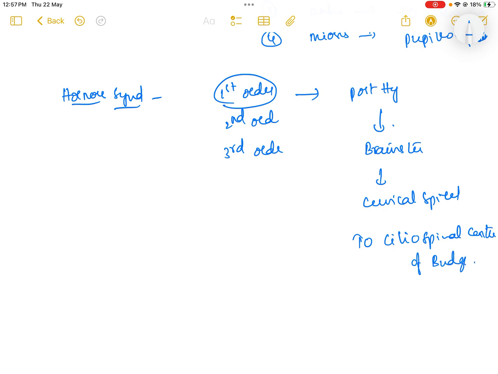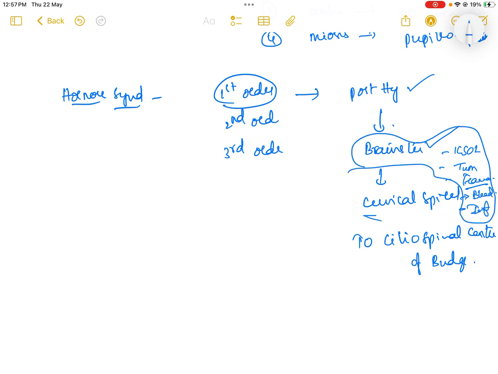So lesion anywhere in the posterior hypothalamus or brainstem, like intracranial space occupying lesions, or any tumors, trauma causing dissections, or any bleed, brainstem bleed or infarcts can cause Horner syndrome. And in the cervical spinal cord, any myelopathy can cause Horner syndrome if it is involving the sympathetic pathway.